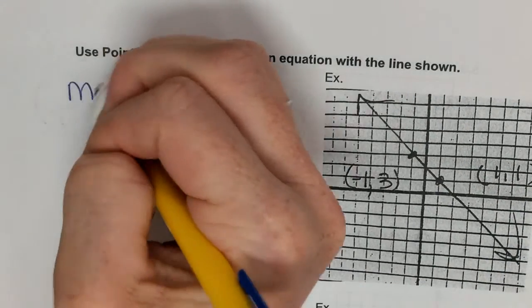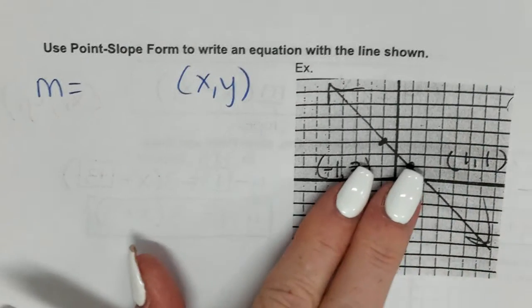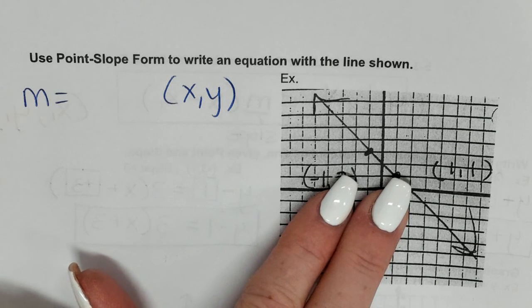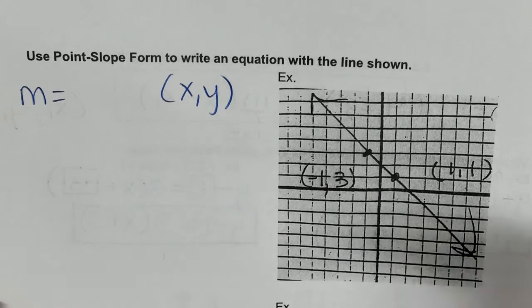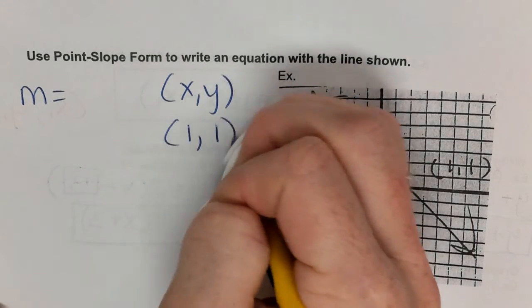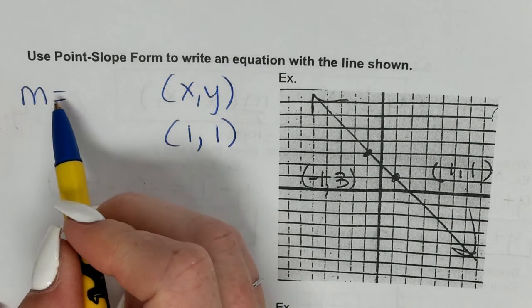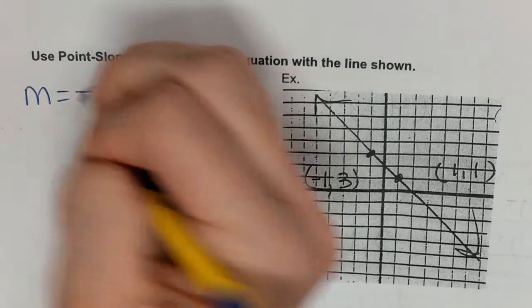For point-slope form, what do you need? You need a slope and how many coordinates did they give you? Does it matter which one you use? So which one of those coordinates do you want to use? 1, 1. All right, now we need a slope. Well, the first thing I noticed is that this slope is negative, and I never want to forget that.